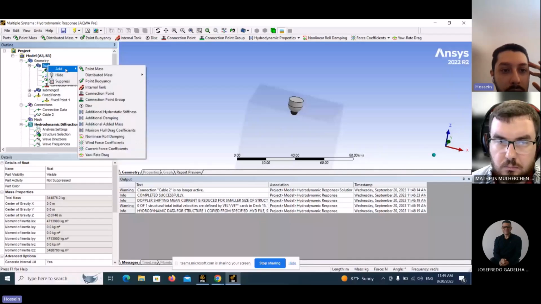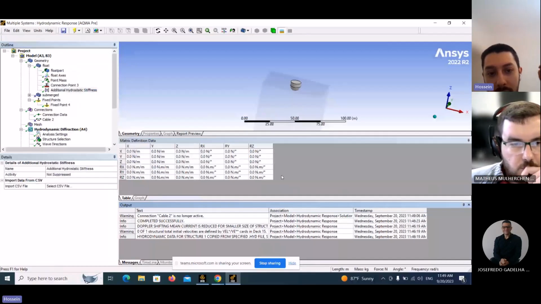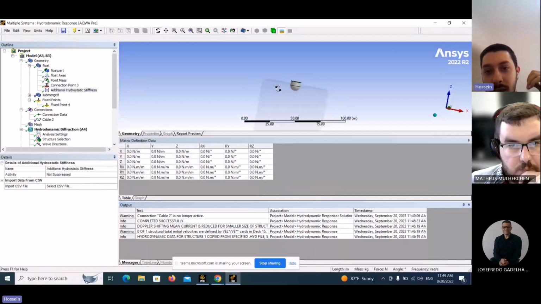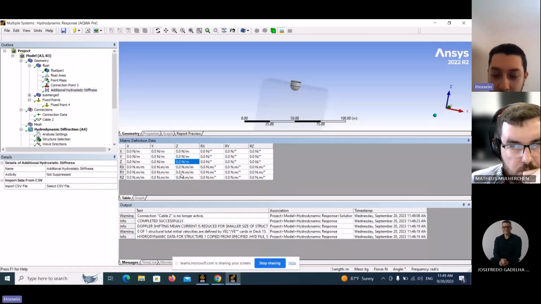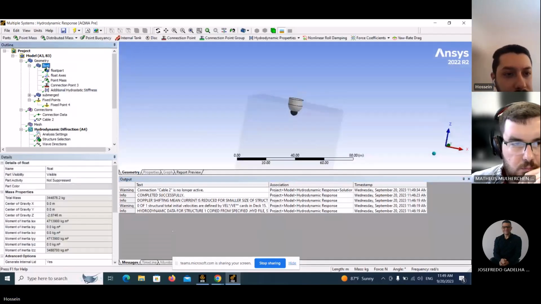You can add a stiffness. You can see that there's a stiffness matrices for the type of our model that we model here, which is the point absorber with heaving motion. We can assign the Z stiffness, for instance, with 15,000. And also we can have the damping.